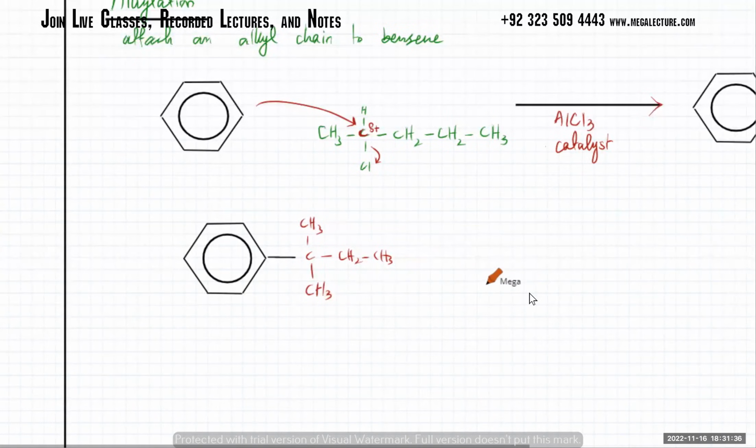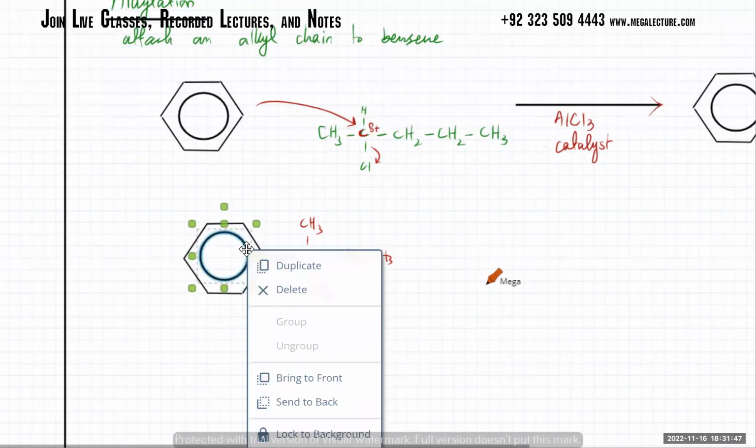So they might say, okay, name the halogen or halogenoalkane which got attached to benzene. So it can be the reverse as well.